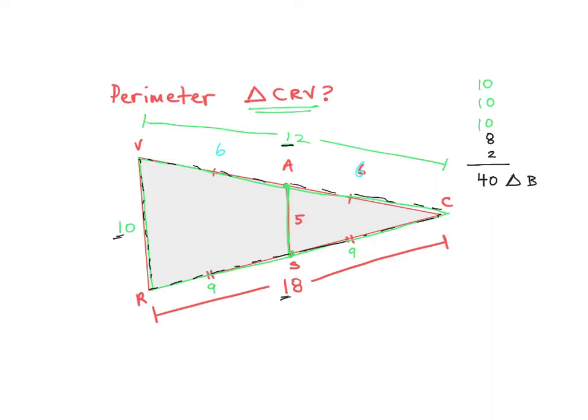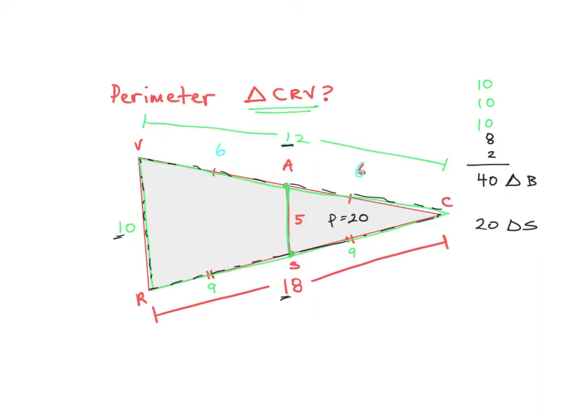The big triangle has a perimeter of 40. Now, if I had to guess, I bet you the perimeter of this smaller triangle should be what? Well, it should be 20. It's that 2-to-1 relationship we keep creating. And if we went into area, it would do the same. And so the perimeter of this smaller triangle is 20.